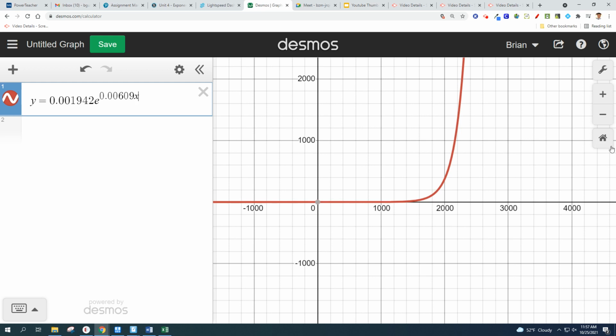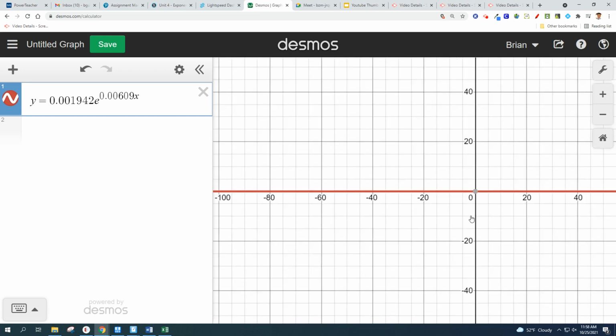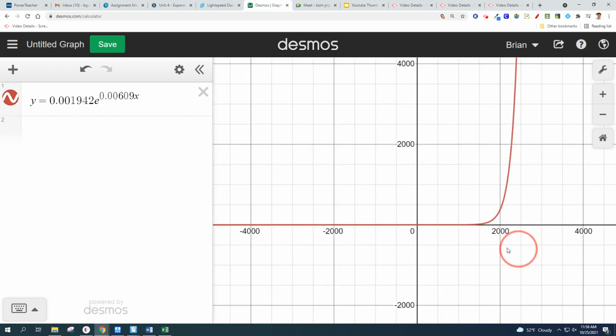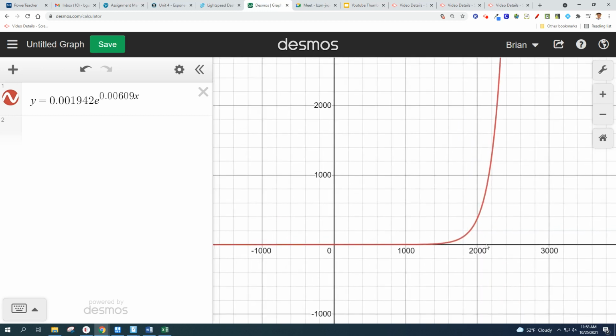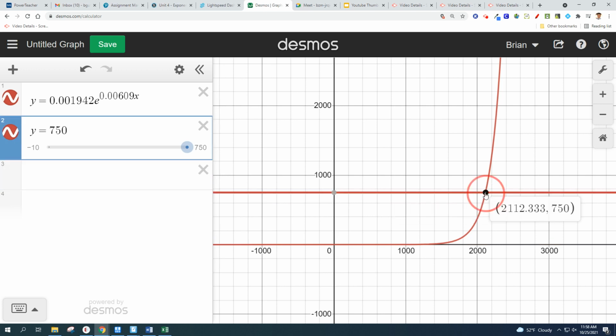Notice we had to zoom. I've already got mine zoomed, but yours is probably here. So you zoom way out until you can see what it looks like. But right here, what I want to know is where does it equal 750? And so y equals 750 is right about here. And so it looks like I'm in the year 2112. All right, 2112 is where it's going to get to 750.